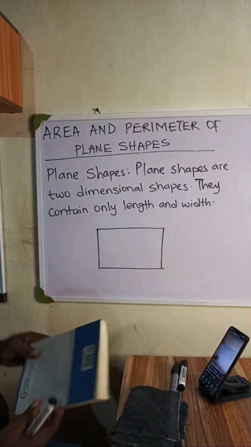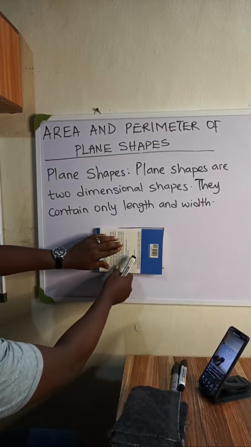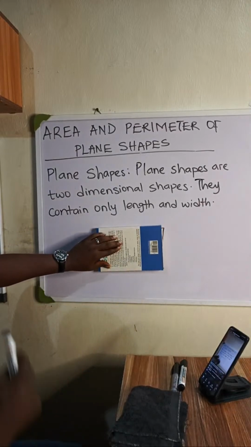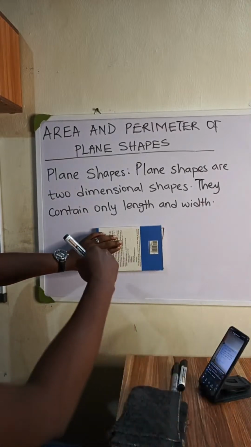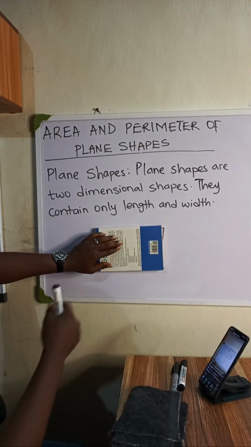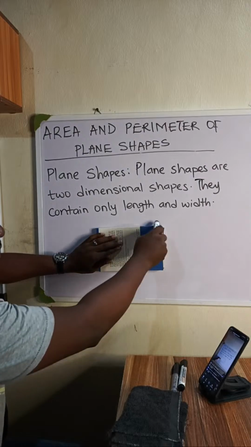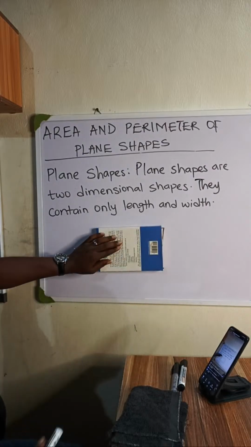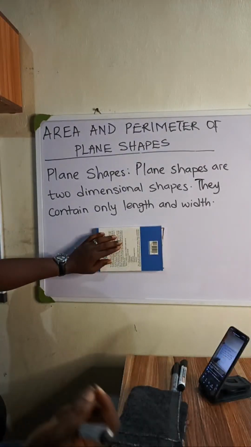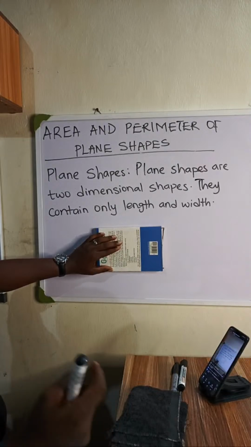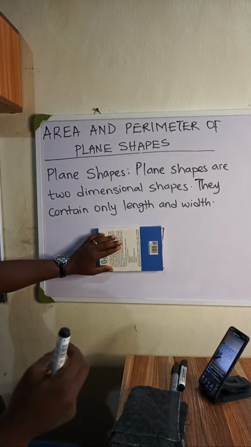If I position this book here, from where you are looking at it, it looks like the shape I drew along this side. So it looks like the shape I drew earlier, but this book is not a plane shape.